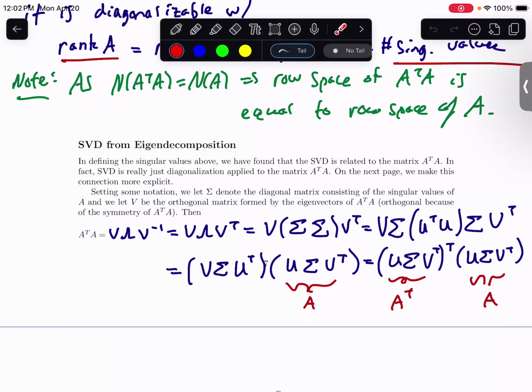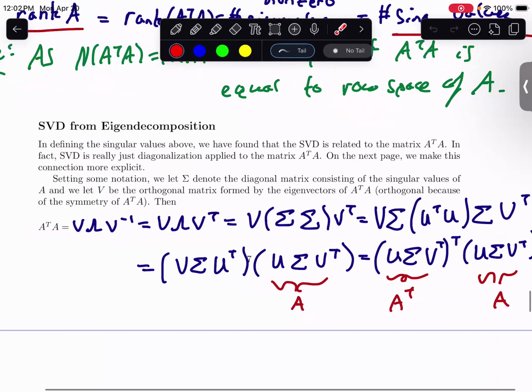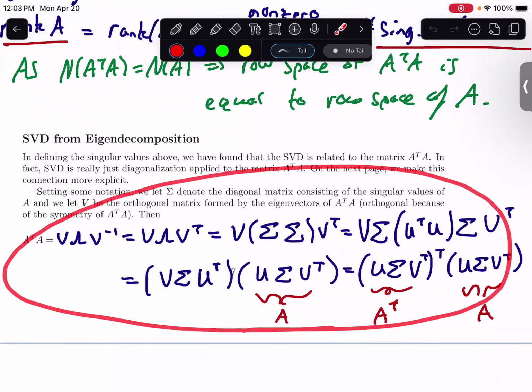That gives us some good information about singular values and eigenvalues. Where we left off is we were showing how to go from eigen decomposition, or diagonalization, to singular value decomposition. The connecting idea is you're really just applying eigen decomposition to A transpose times A. That was the derivation we did here.